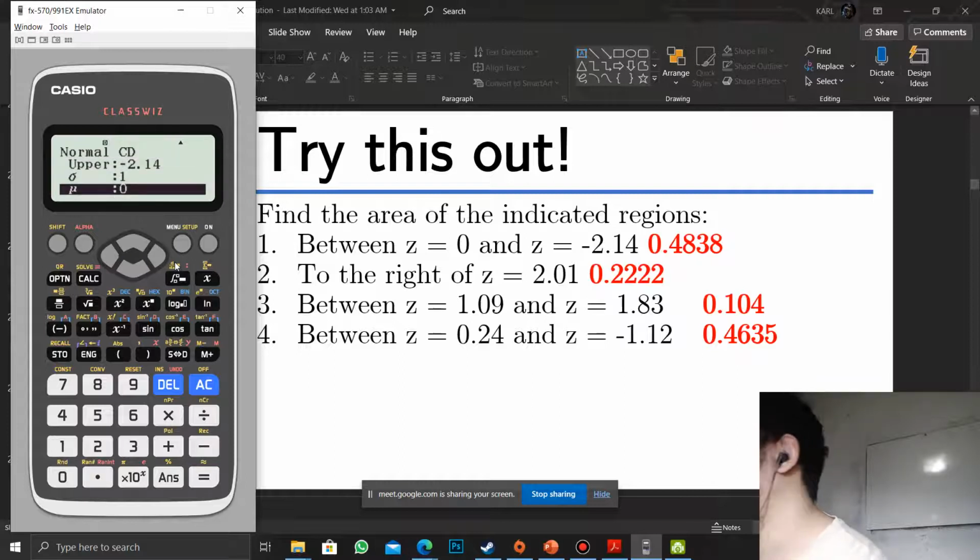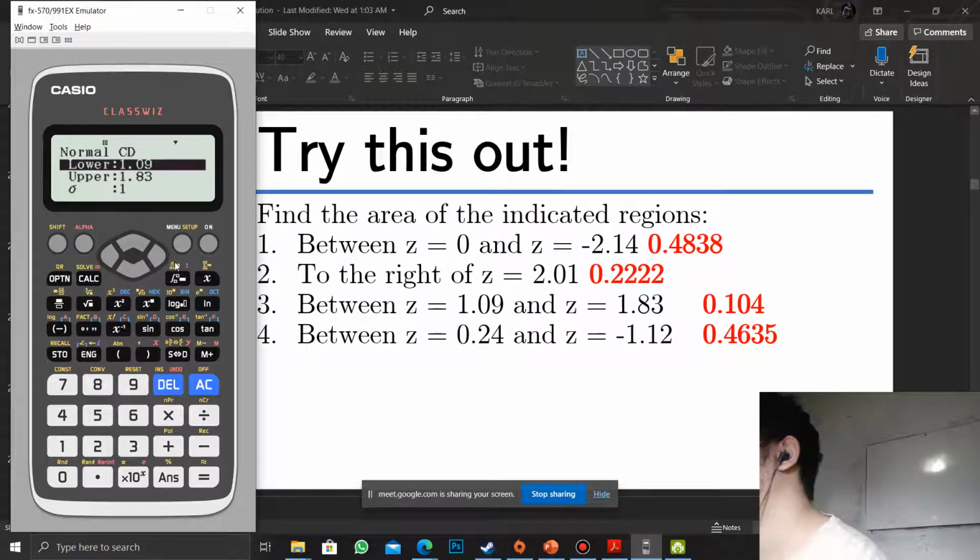Sorry, baliktad. Wait lang. Negative 2.14, 0. Ayan. Then 2.01, 999. Okay, yan. 1.09 and 1.83.